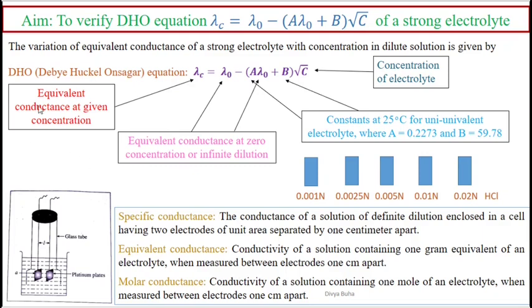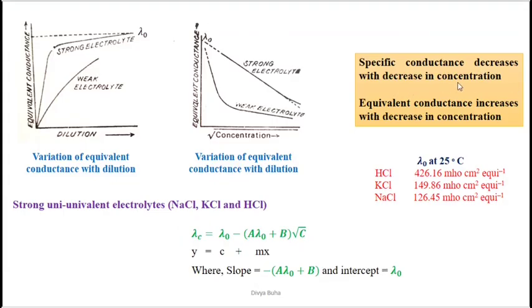Now let us move on to the Debye-Huckel-Onsager equation. This equation is lambda c equals lambda 0 minus (a lambda 0 plus b) under root c. Here you can see that a number of terms are involved. Now the specific conductance decreases with the decrease in concentration. Why?